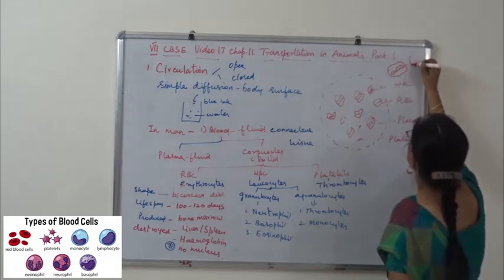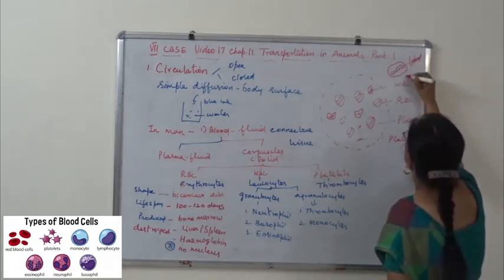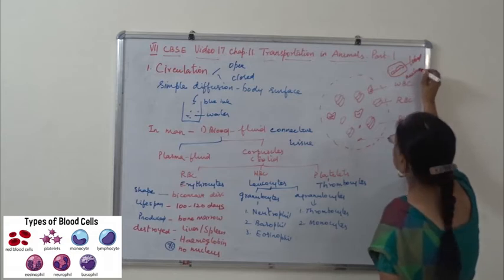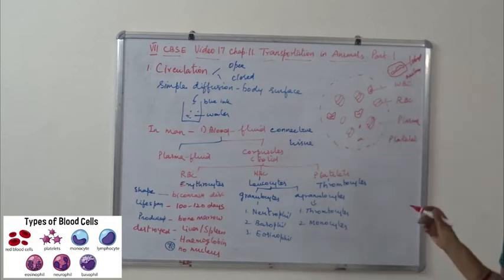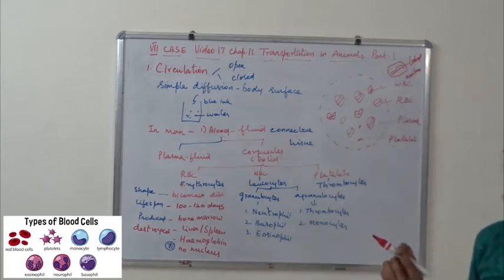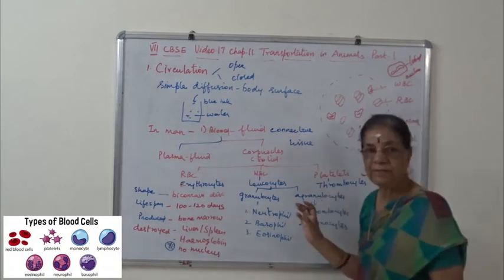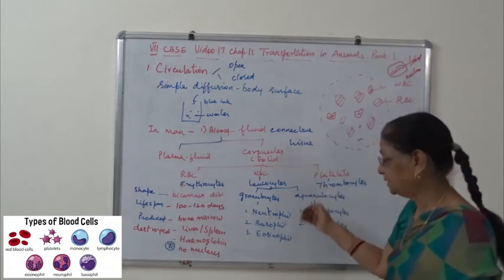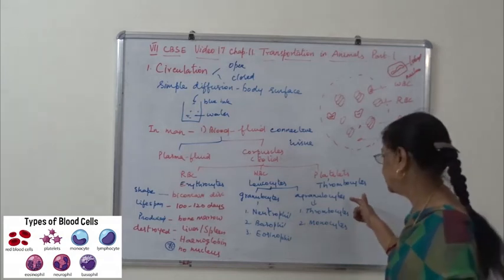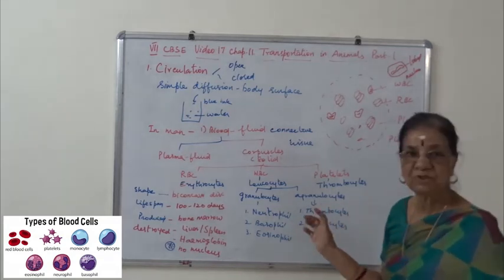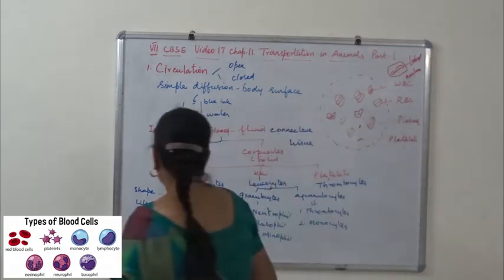This is lobed nucleus. The nucleus is not a normal dot-like one. It has lobed nucleus. Right? This is for all these five: neutrophil, basophil, eosinophil, monocytes and thrombocytes. Right? Now come to this shape.